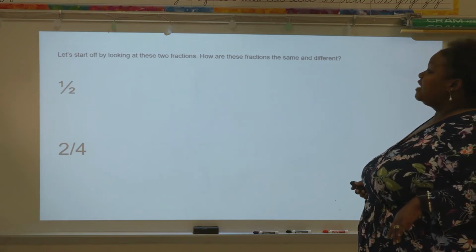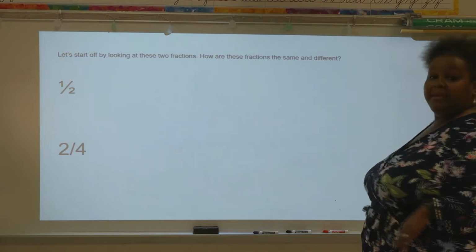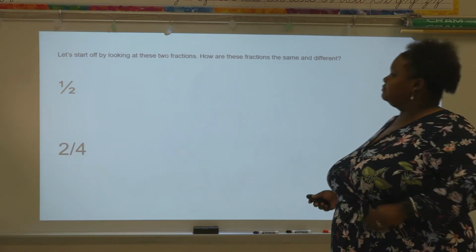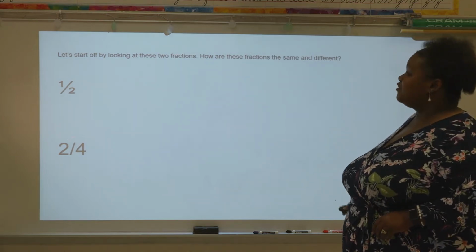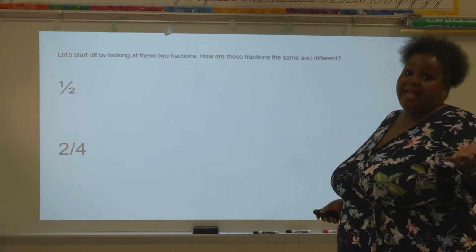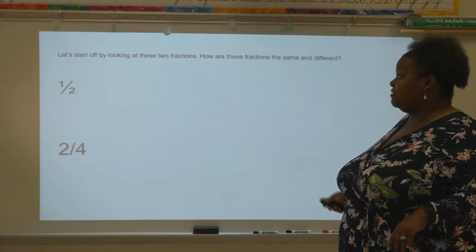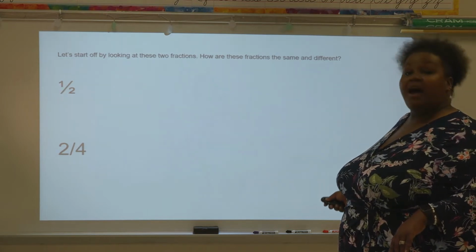Let's start off by looking at these two fractions. How are these fractions the same and different? I see this one says 1/2 and this one says 2/4. I know they're the same because both of them are fractions and they both have a numerator and a denominator.